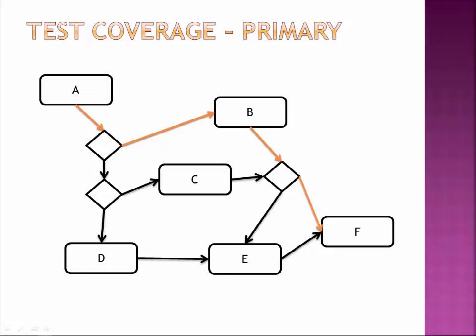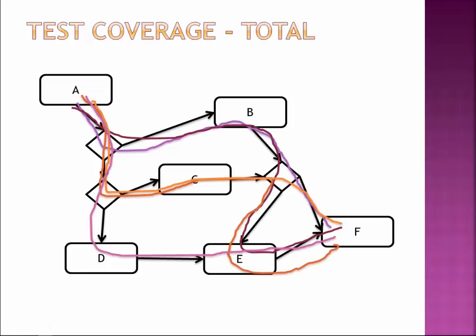But every time we add in an alternative flow or an exception flow, I end up with a different path. So this little 2 or 3 decision flow all of a sudden comes up with, you can count the colors here, 1, 2, 3, 4, 5 different paths, 5 different test cases that would have to come from this. And that's what we want to try and get to here a little bit.